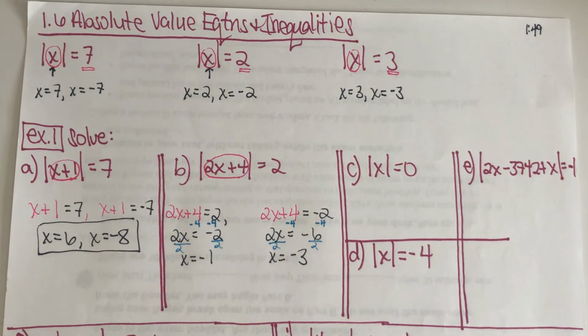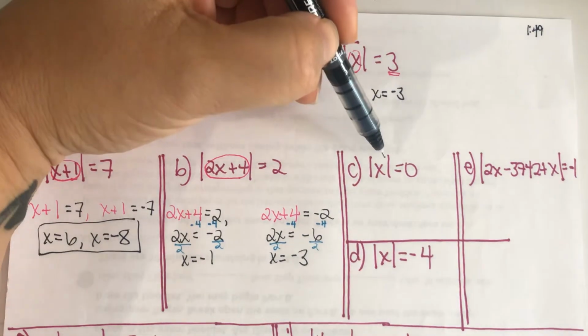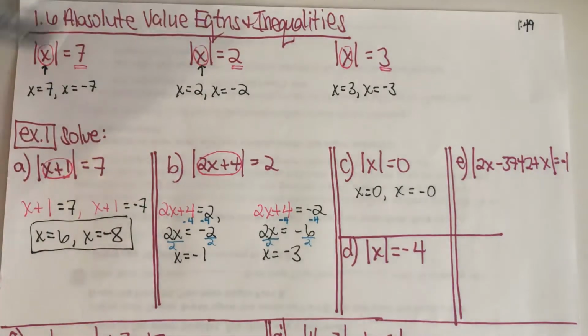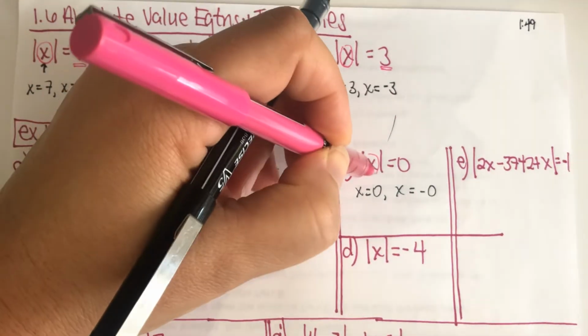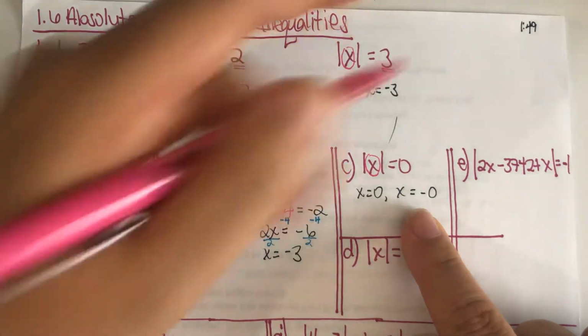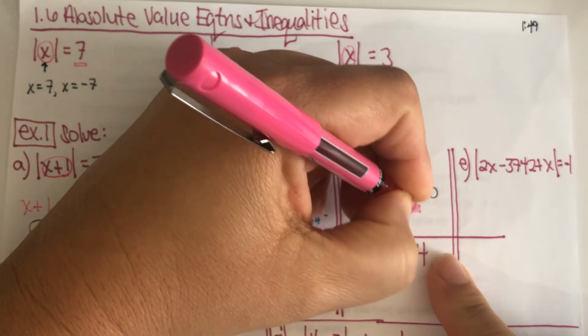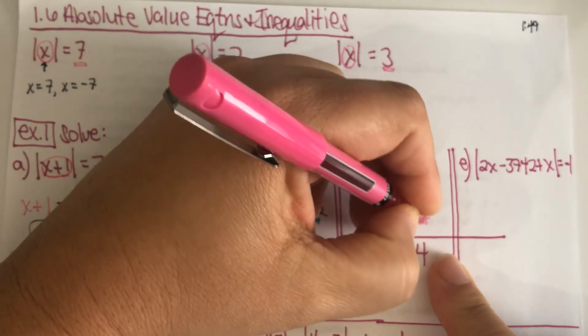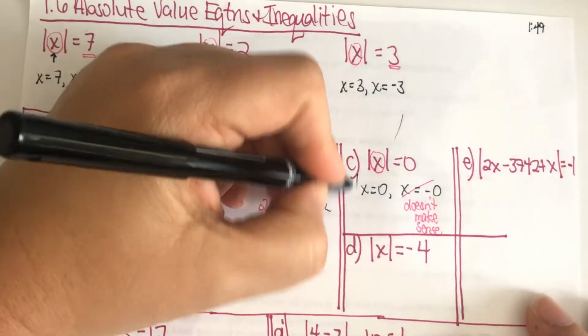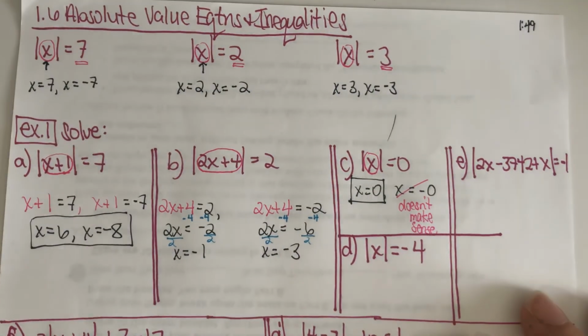You can pause me anytime. Okay, so this one, we might be tempted to say x equals 0 and x equals -0 to follow along this pattern, right? The thing inside equals plus or minus, but x equals -0 doesn't really make sense. Zero is neither positive nor negative, so we just say x equals 0, okay?